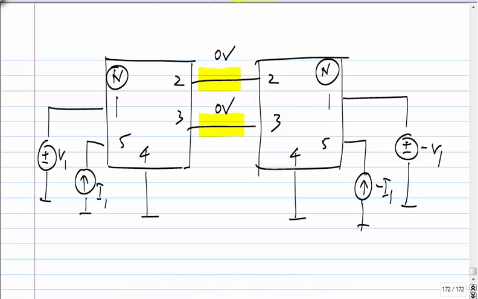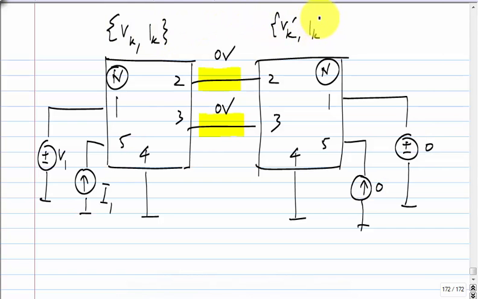So, here what you can do is first take this case, okay. You have excitation only on one side, right, and 0 on the other side. There will be some solution. That is the solution, right, Vk Ik in this part and let us say Vk prime Ik prime in this part.